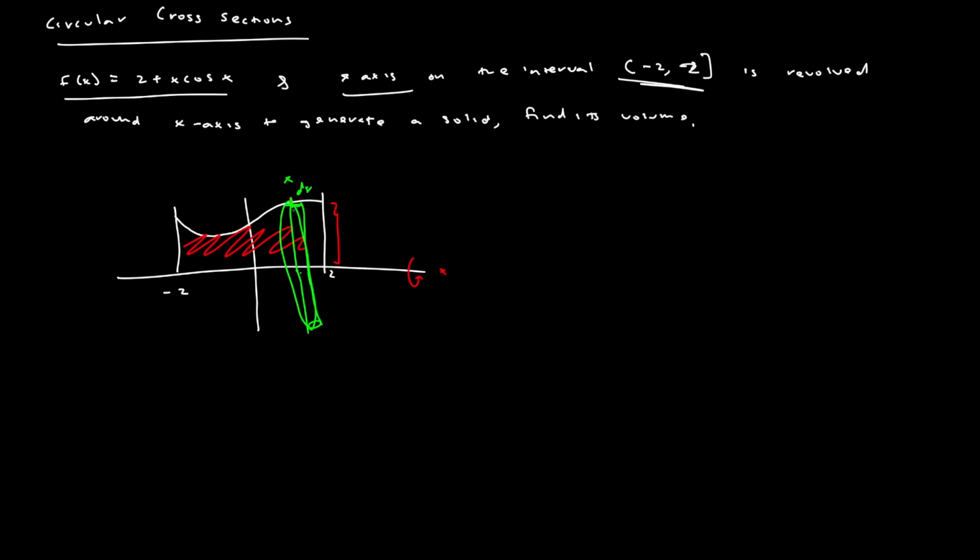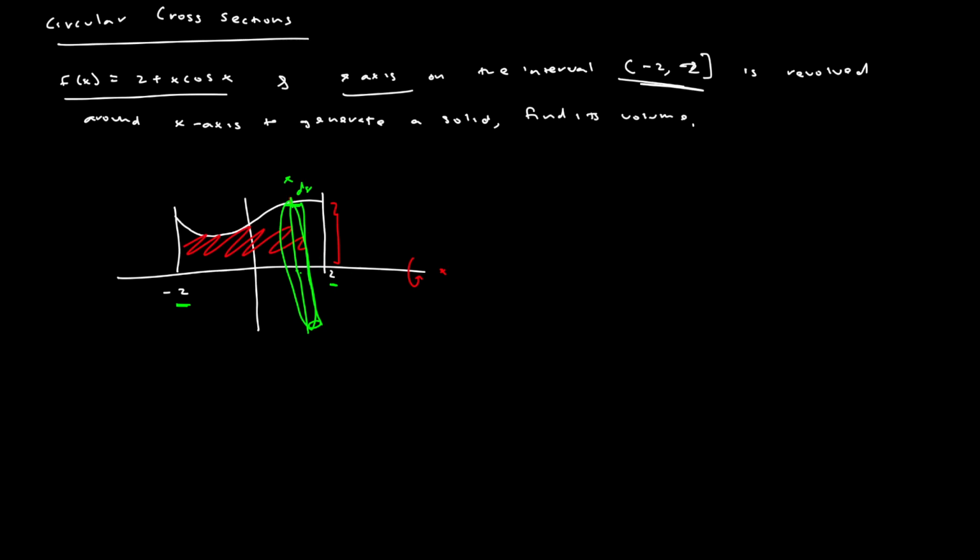And therefore, I found out what my cross-section looks like, and we were already given that my limits of integration were from -2 to 2. And so the integral just becomes whatever this cross-sectional area is times dx, evaluated from -2 to 2.